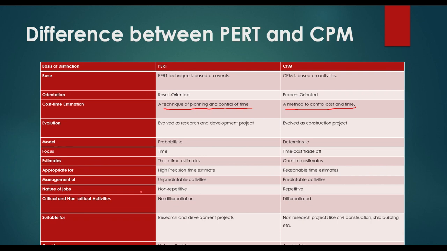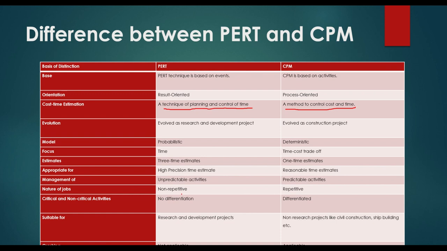Then management of unpredictable events. Because you are identifying activities and trying to put the activities in proper flow, here activities can be a bit unpredictable. But when you reach CPM and identify the critical path, the activities are already predefined, so these are more predictable activities.